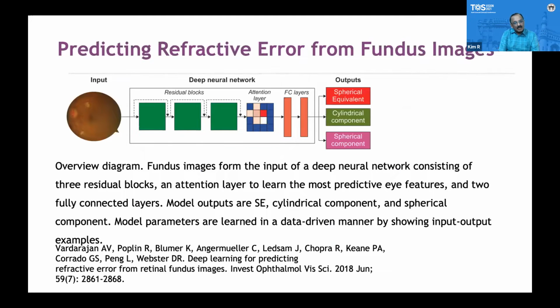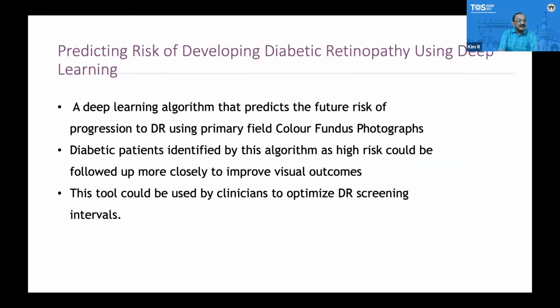Same thing, just by looking at the fundus photo, the system is now able to predict what could be the refractive error. Another important or interesting feature is predicting the risk of developing diabetic retinopathy.